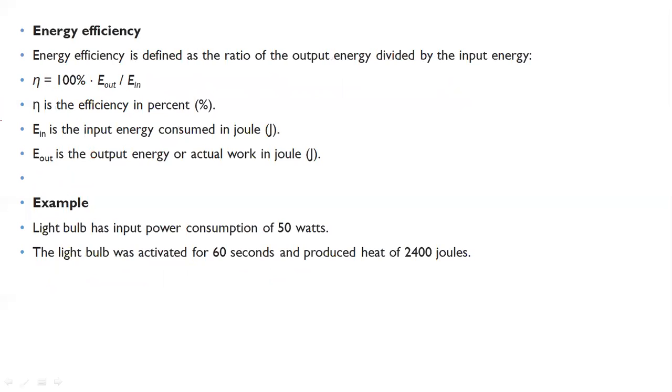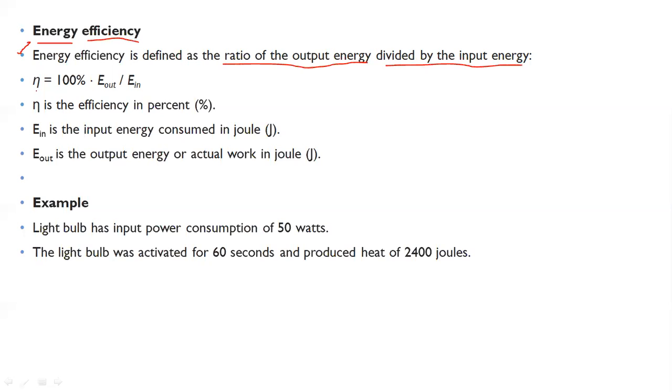Next, energy efficiency. Now we have discussed power efficiency; now we will discuss energy efficiency. Energy efficiency is defined as the ratio of the output energy divided by the input energy.